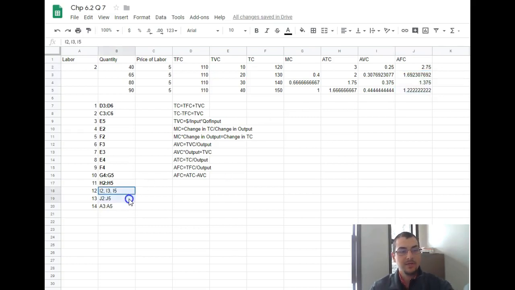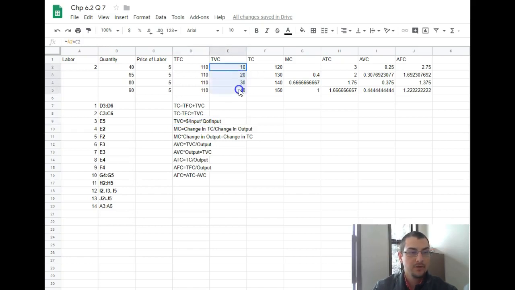So now we've got everything filled in, with the exception of one column, and this is the amount of labor that we use. So there's a couple ways to go about doing this, and one of the easiest ways that I've found is, we know that this total variable cost is the dollar per input times the quantity of input.